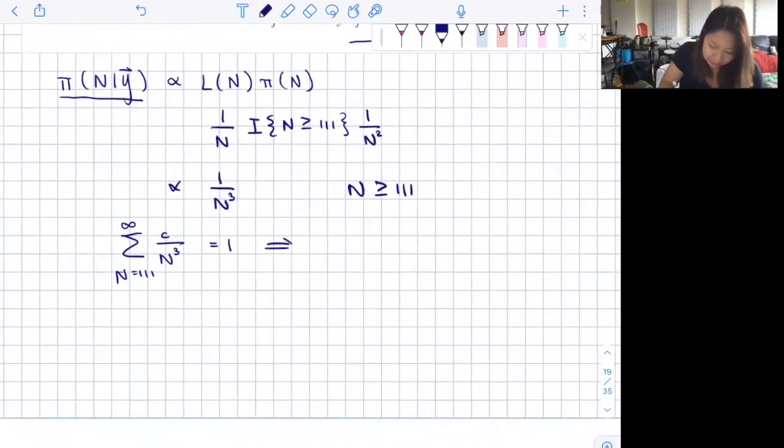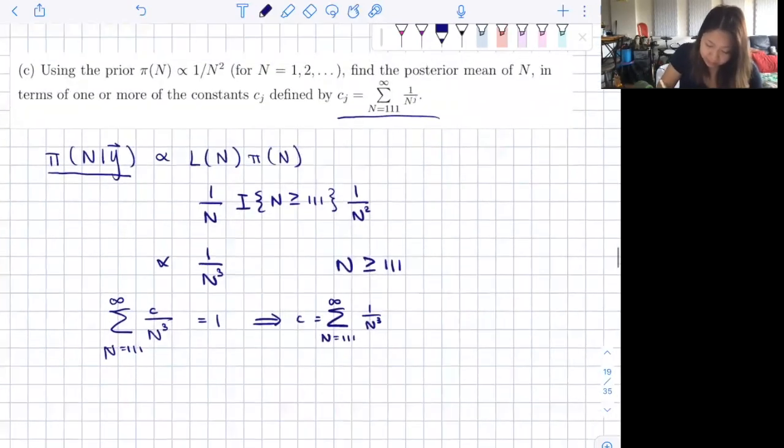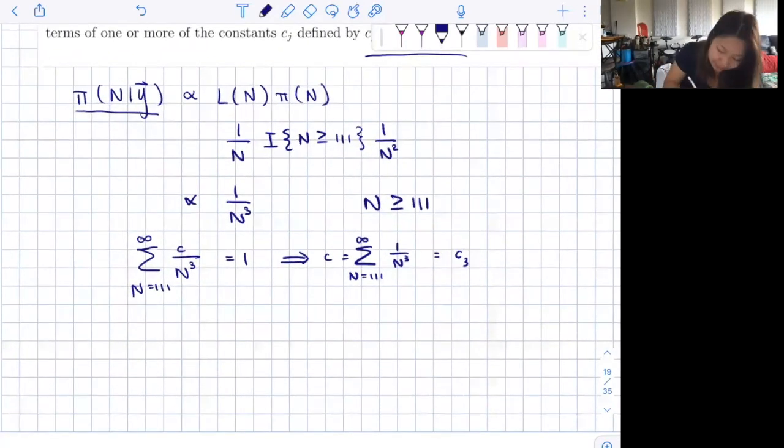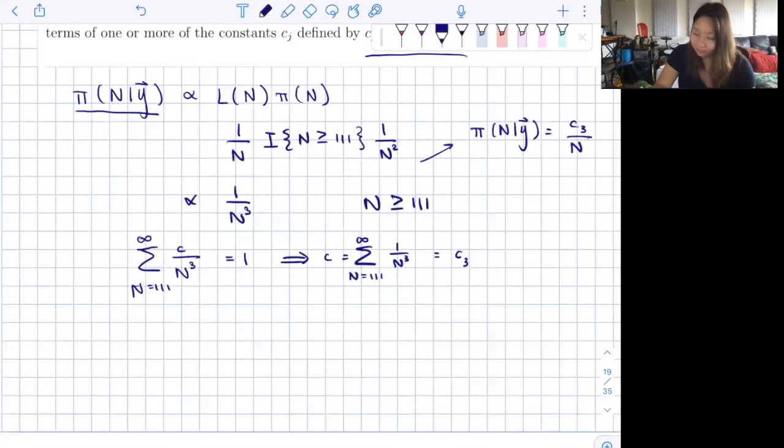Solving this, we get c equals the sum from N equals 111 to infinity of 1 over N cubed, which is going to be c sub 3. So now what we have is that this posterior is equal to c3 over N cubed.